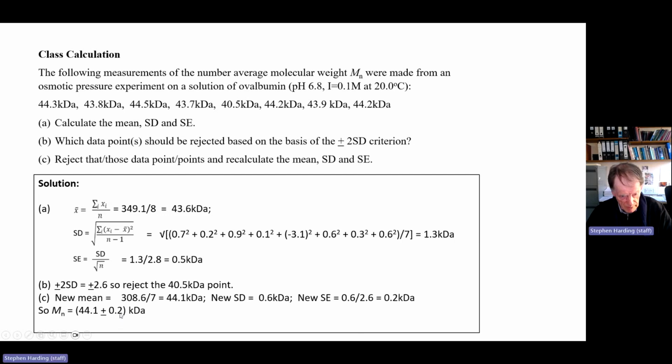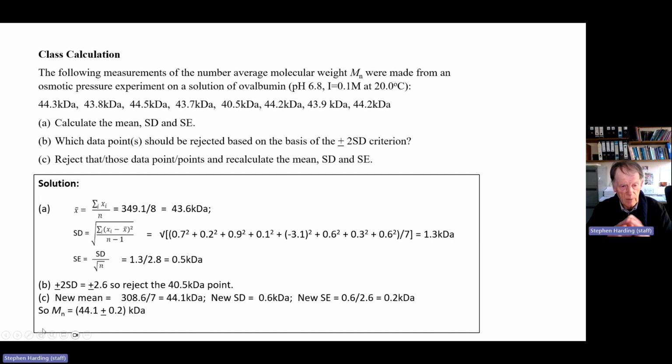And the number of decimal places in the error is always given the same as those in the main number. And note how we've enclosed this in brackets here, because the number and the error both have units of kilodaltons.